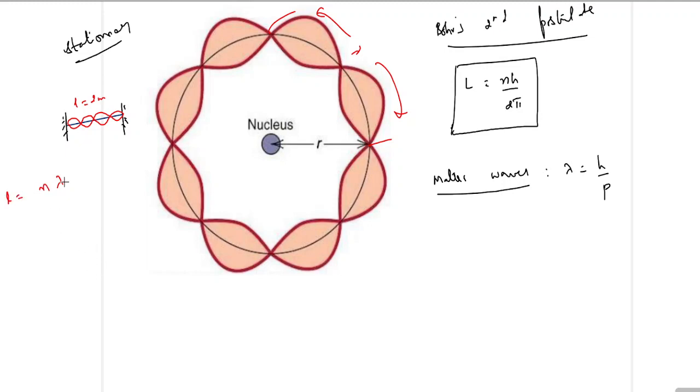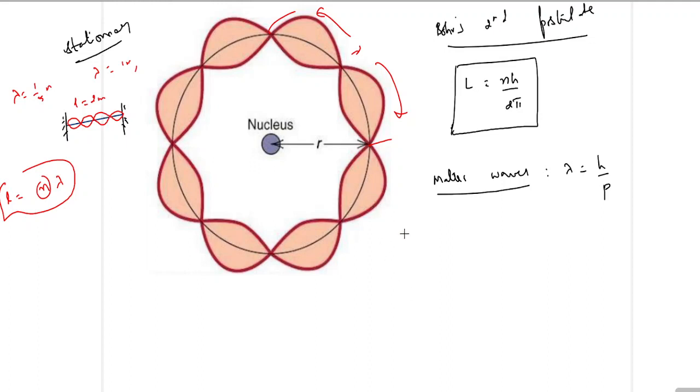If we have a wavelength of half a meter, then here we'll have 4 waves. That is what n is. If you have a wavelength of 1 meter, there are 2 waves here. So we can say that the length available should contain n times the wavelength.